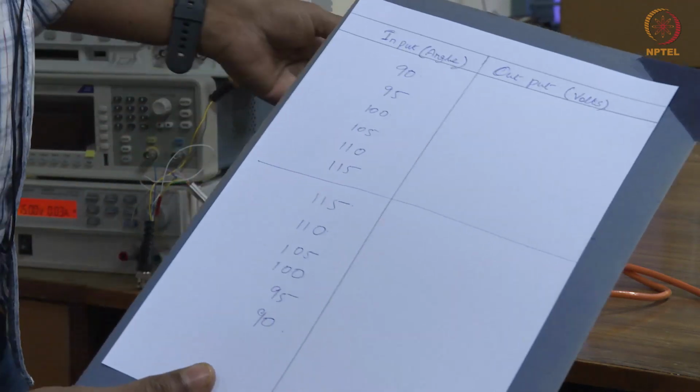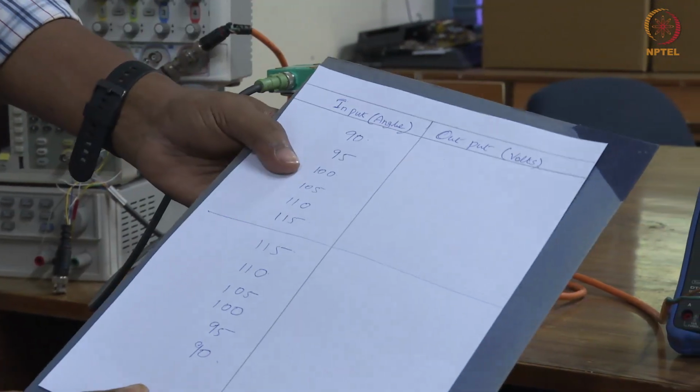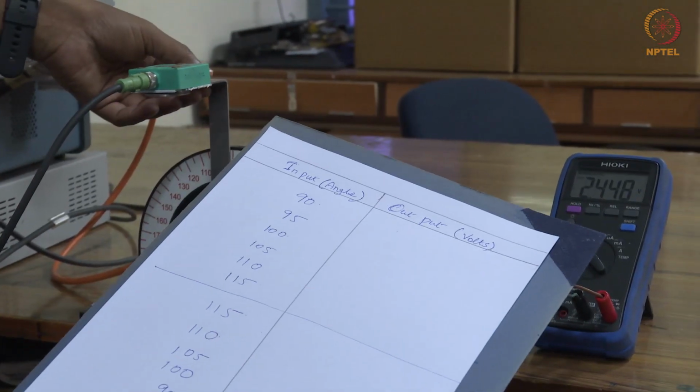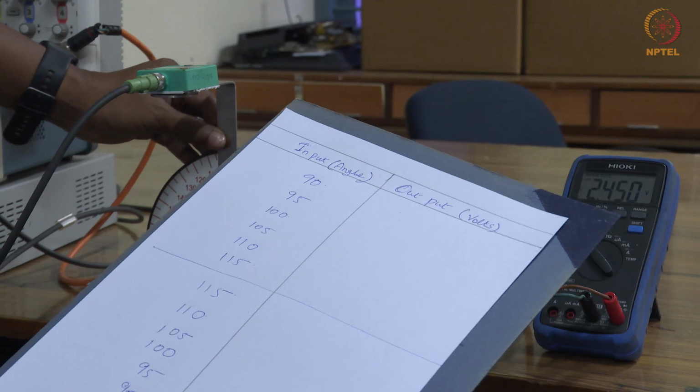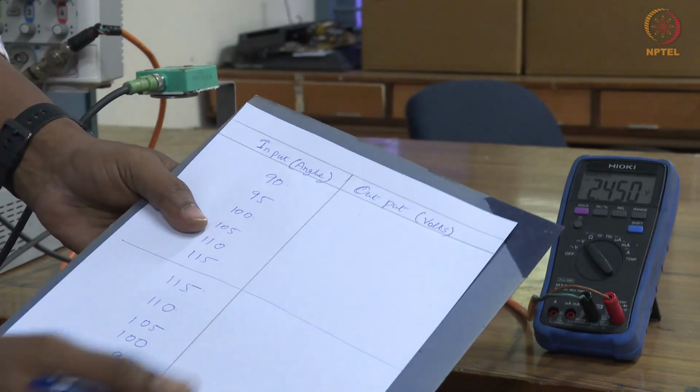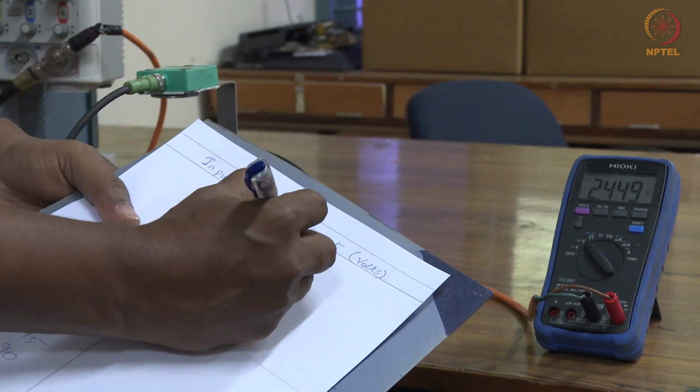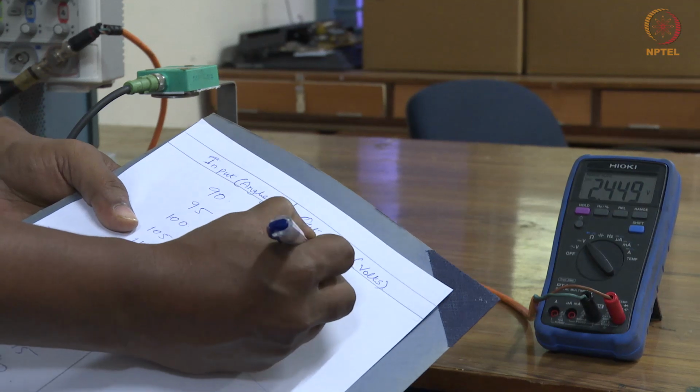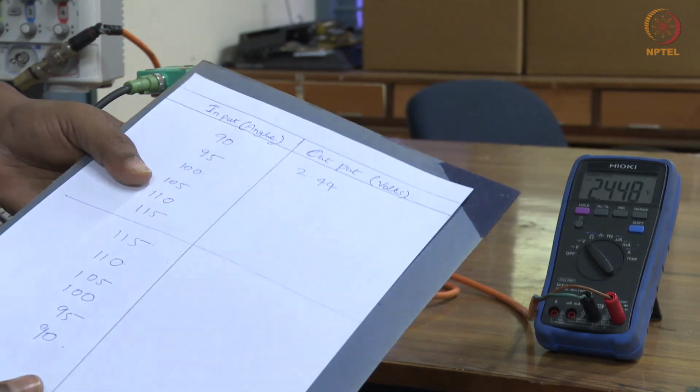Now I start the calibration. The initial position is 90, and I note down the initial value of 2.44.